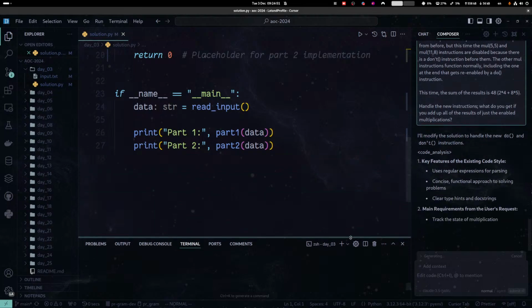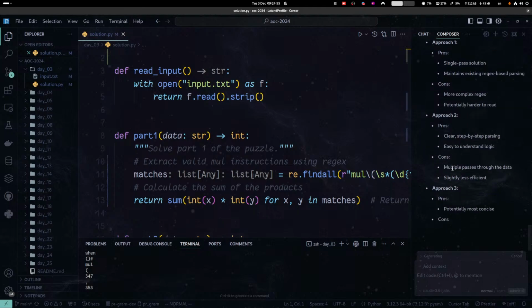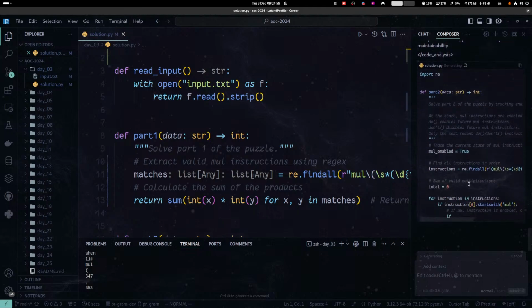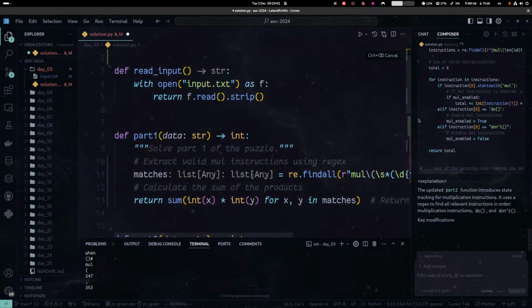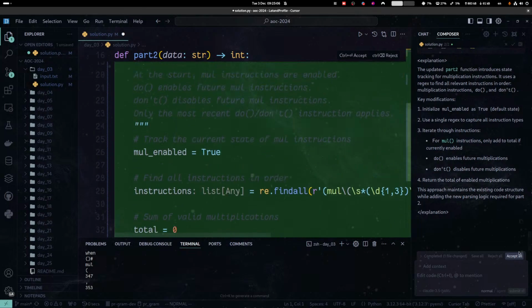So it will have the context of the first part, but currently on the second part it's working. The Claude 3.5 is working, and I wonder how it solves it.